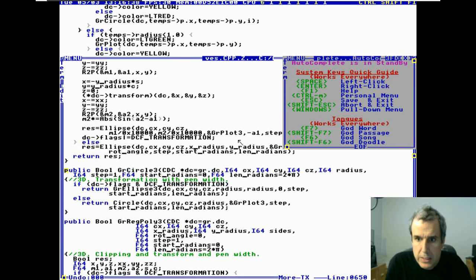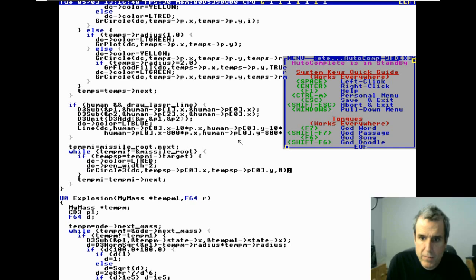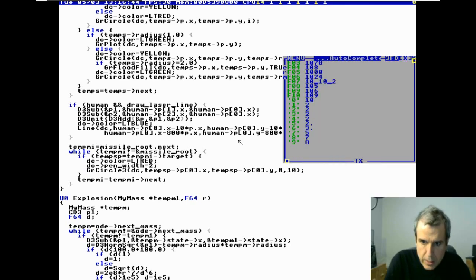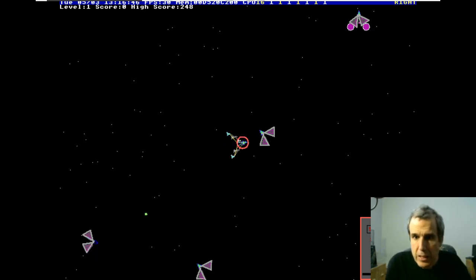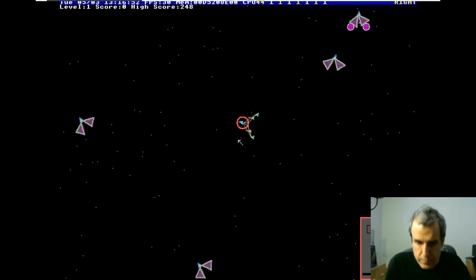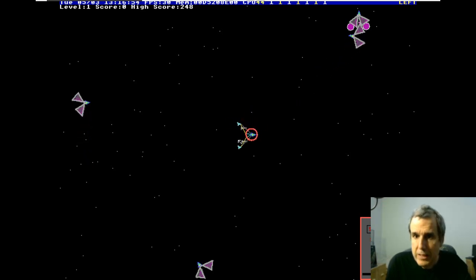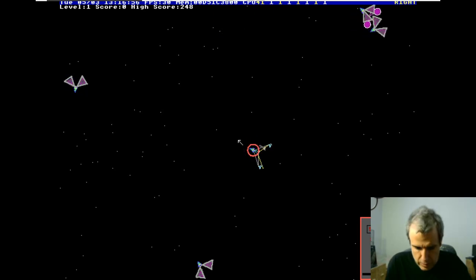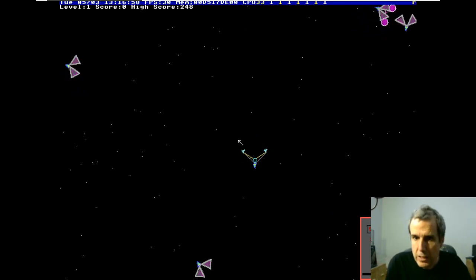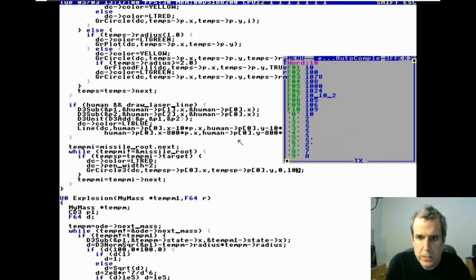Oh, so I see radius, of course. Forget the radius. Oh, look at that. Well, that's fucked up. Okay. So we want to exclude the owner.